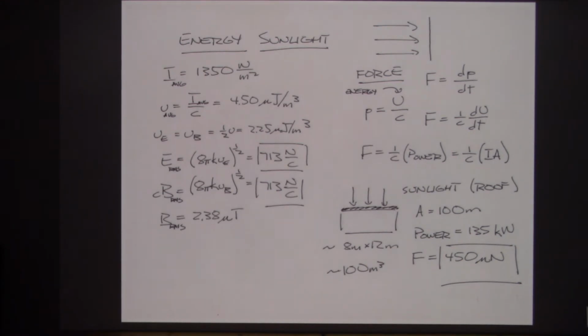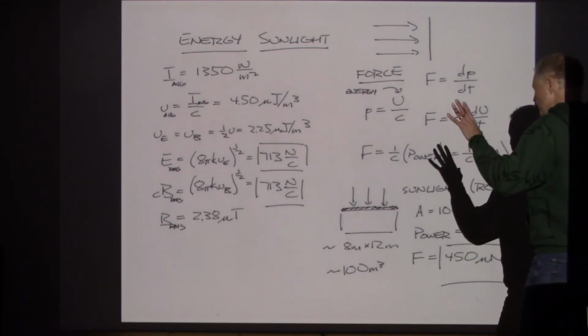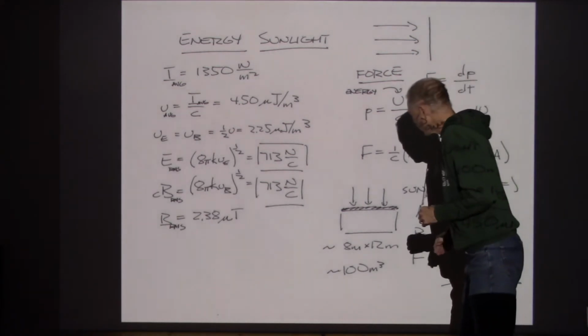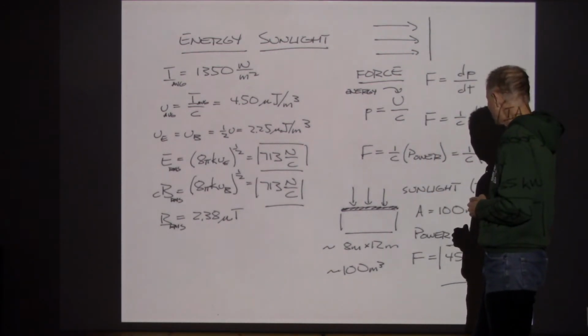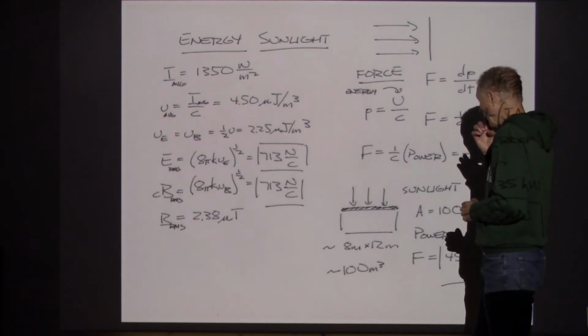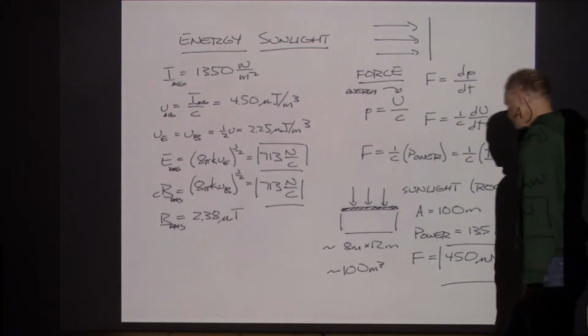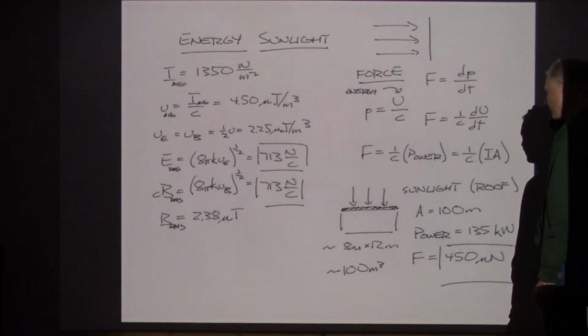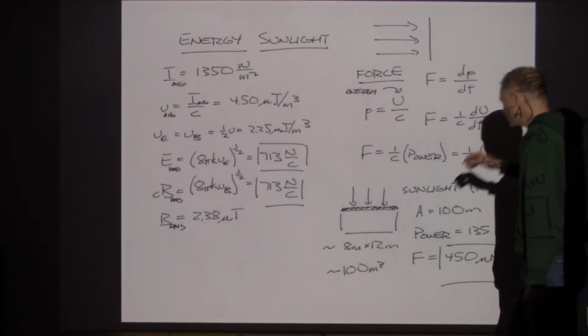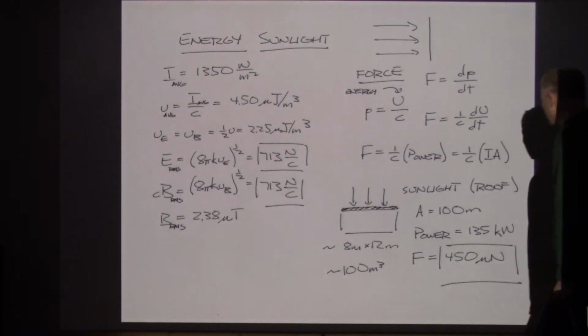I wish it were more covered. I put as many solar panels up there as would comfortably fit. Anyway, that's supposed to say square meters. I have no idea why it says cubed. I should get that changed. Anyway, that's square meters, 100.